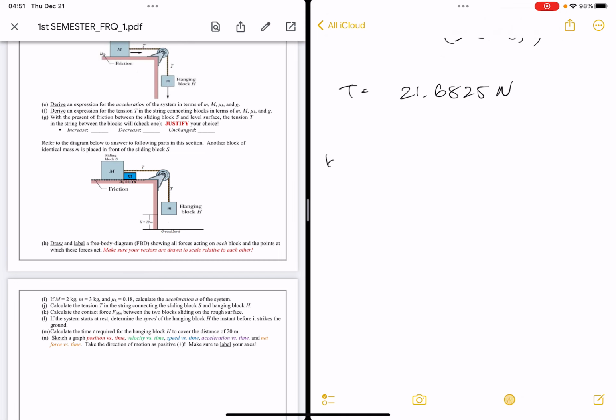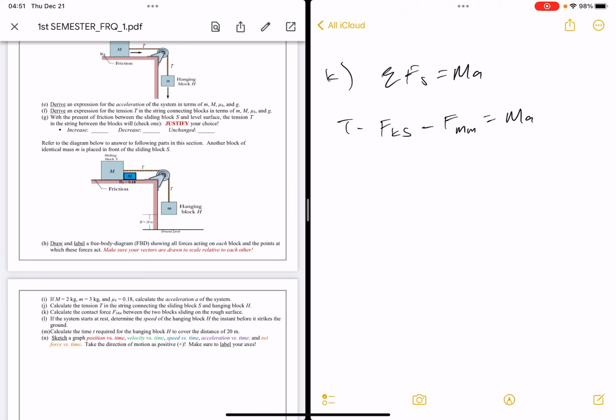It is right. Okay, it wants to calculate the contact force between two blocks. So I'm just gonna set up net force for S first. It goes big M a equals T minus F K S, and this is the big block, not the two blocks together for F K S, and then there's a minus F M. So then I'm gonna solve for F M. I'm gonna move both to the other side.